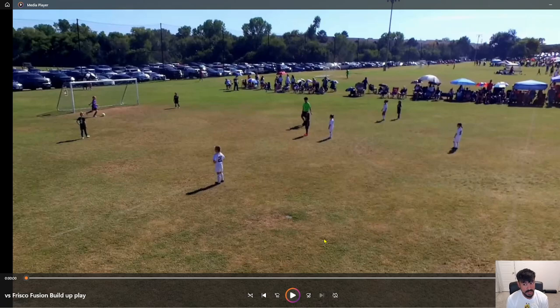I hope this is very helpful for you. I'm going to get this out as soon as possible. So again, little things we've been working on at practice: how we can value the ball, moving it from right to left, unbalancing the team, finding the space to attack, and creating opportunities.